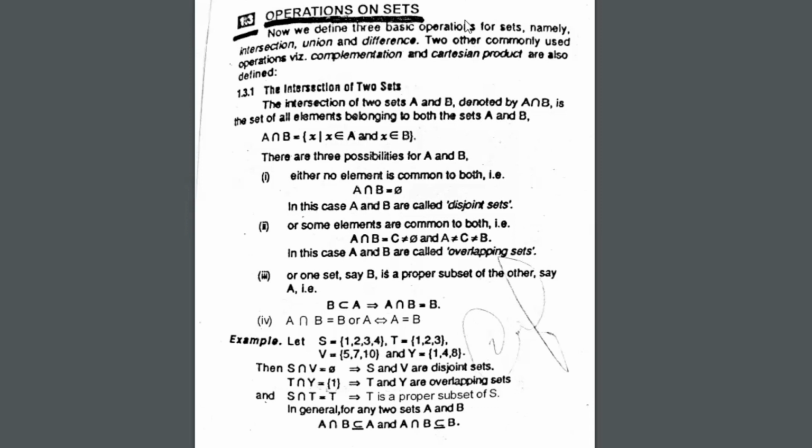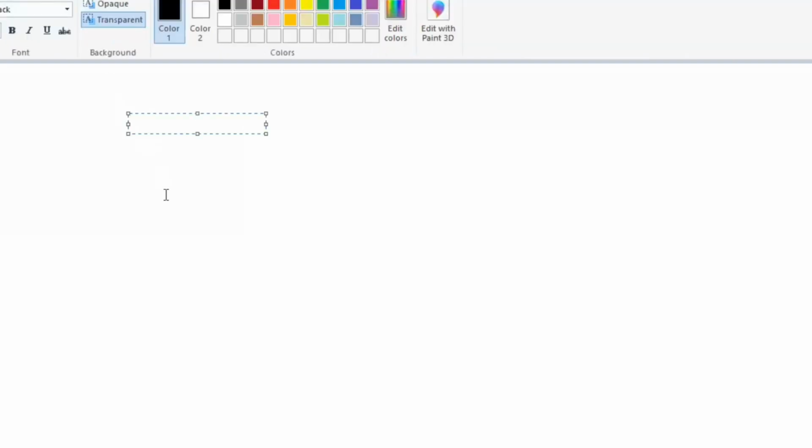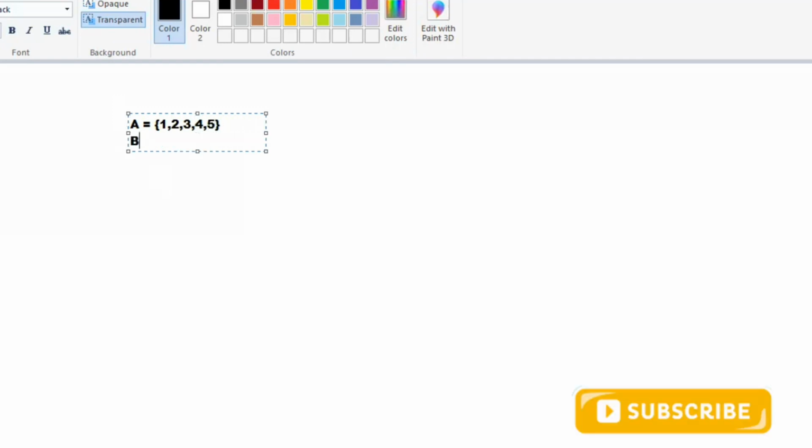So let's see the example. Here we have a set A, that is {1, 2, 3, 4, 5}, and we have a set B equal to {2, 3, 6}.